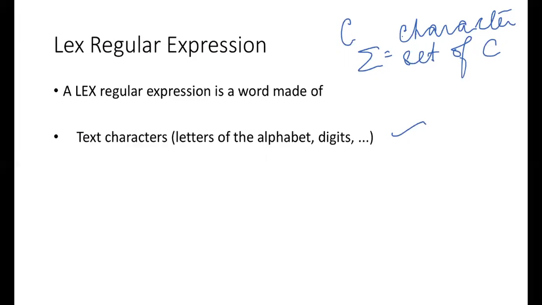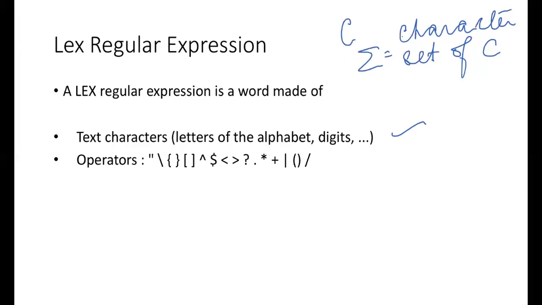The second one that it will contain are operators. You can see quotes, slash, opening curly brace, closing curly brace, then square bracket, the caret symbol, dollar, less than, greater than, question mark, dot, star, plus, then or, then parenthesis, another slash. So all these are operators, and they have special meaning.